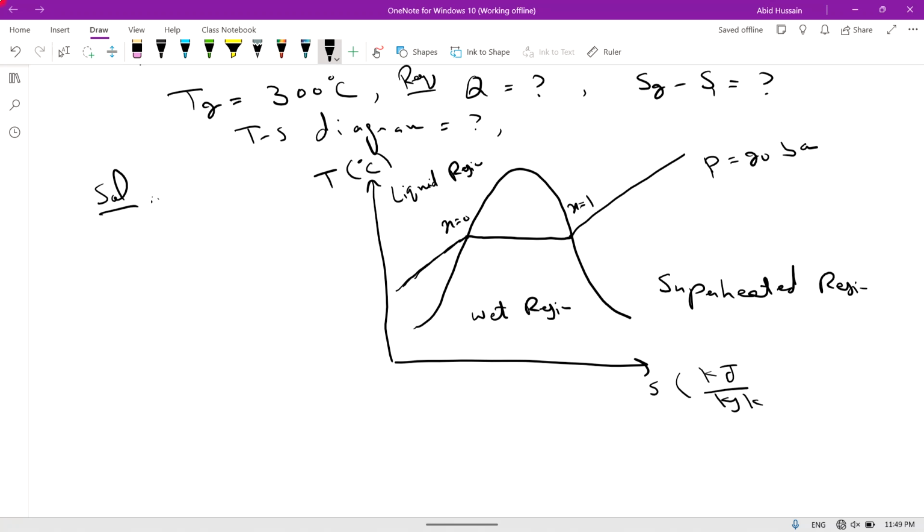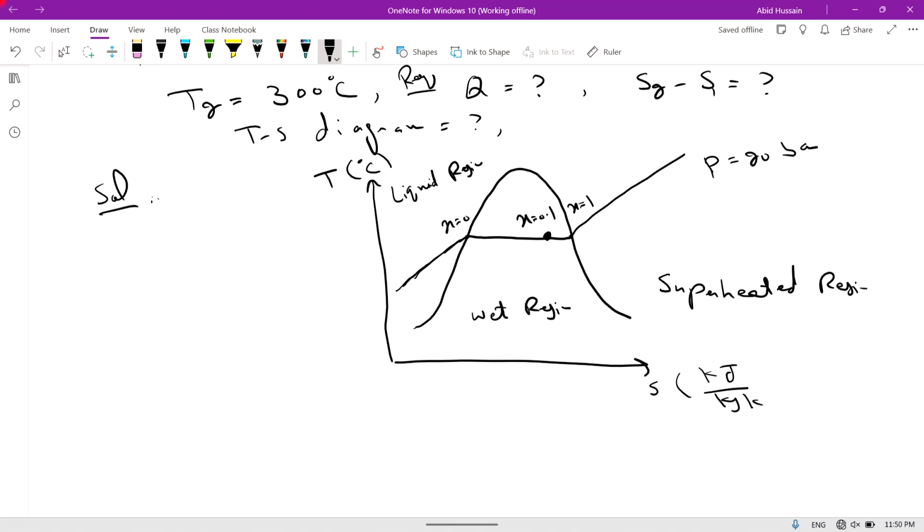It means that in the wet region the value of x is from 0 to 1, and we are given x is 0.9. So the first point will be here, and point 2 we can find from temperature T2 is equal to 300 degrees centigrade.